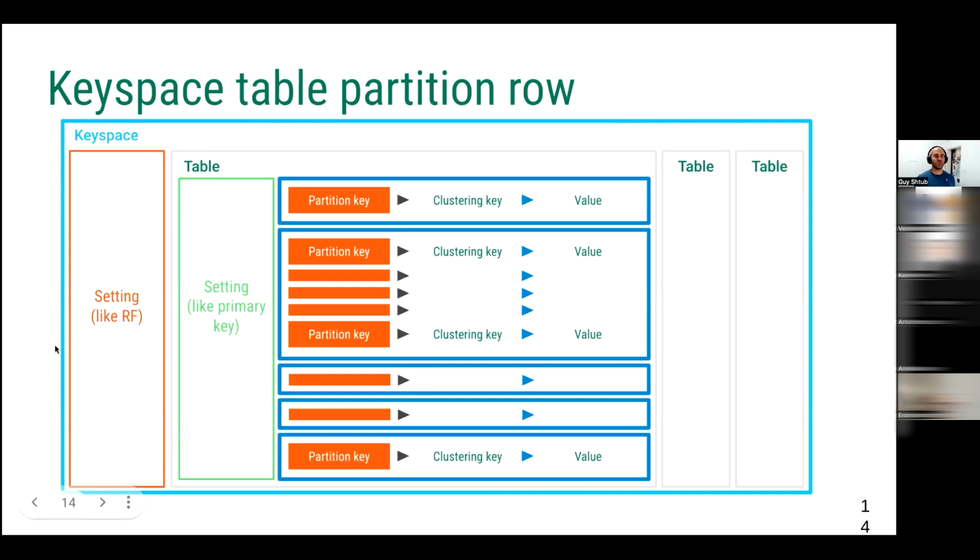Within a key space, we have tables. A table, just like you would think of it, has rows and columns. And maybe the two most important settings that we define for each table is the partition key, which I just talked about, and another one is the clustering key, which I'll talk about in just a minute.